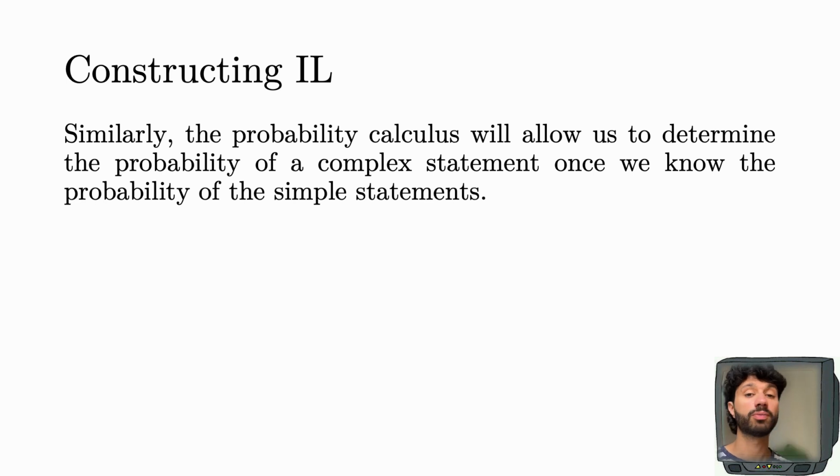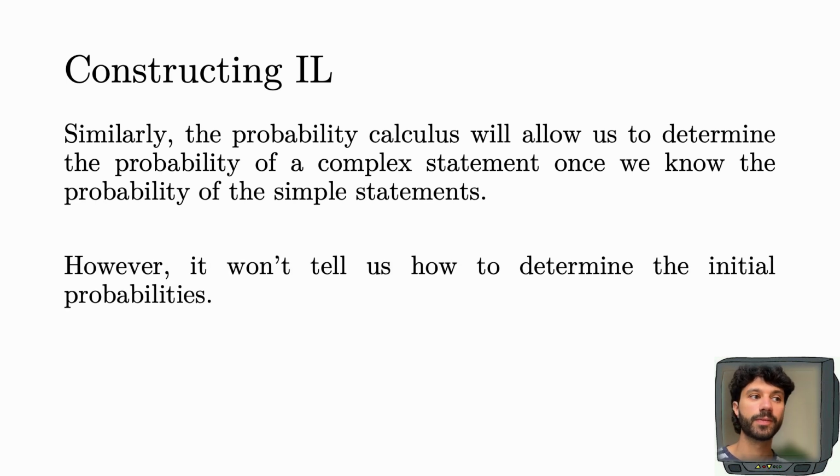Similarly, with the probability calculus, which is the probability theory we're going to look at, what it will allow us to do is to determine the probability of a complex statement once we know the probability of the simple statements. But it won't tell us how to determine the initial probabilities.